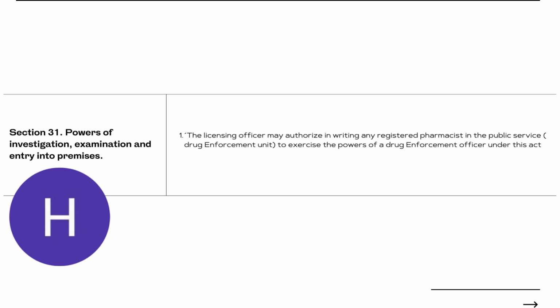So usually the enforcement pharmacists will ambush or investigate any post-marketing medication or products that are sold to the customer or to the patient.